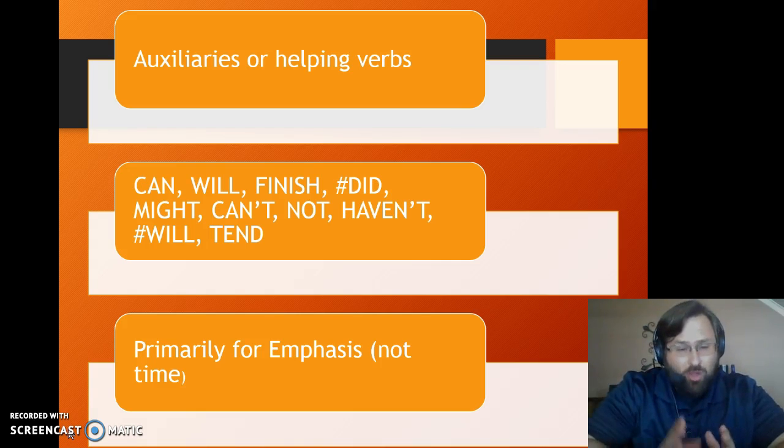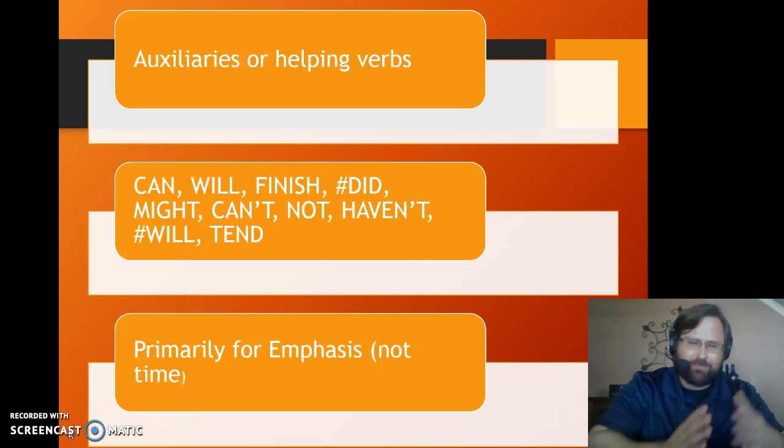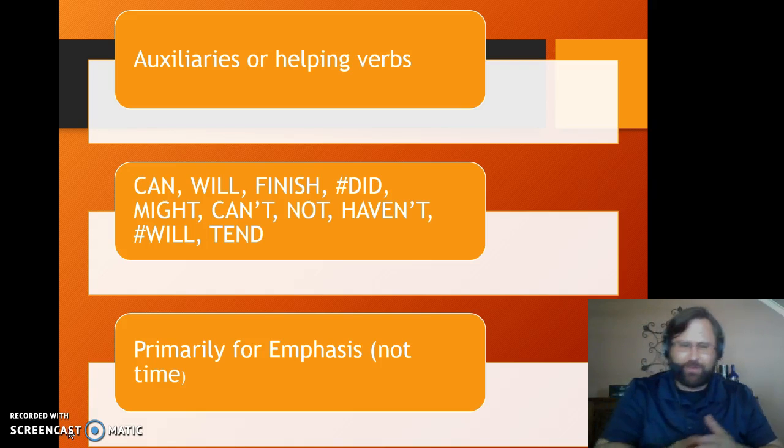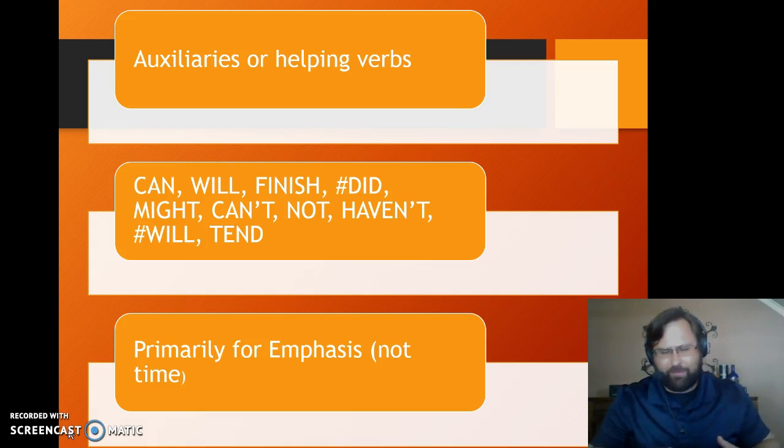Now, though some of these words do give information about time, they're not primarily used to talk about the time that something happened, but rather to emphasize that time, or to emphasize that something is complete or not complete, that something has happened or something will happen.